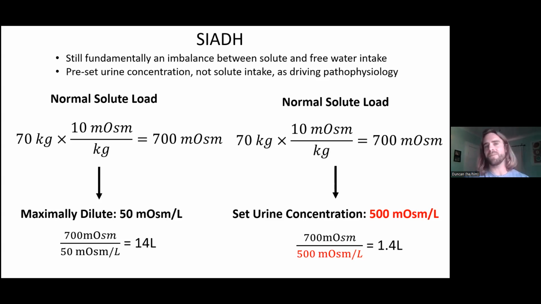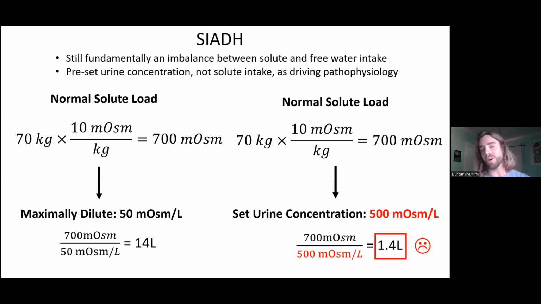But again, in the same situation, someone can have a totally normal solute intake, but because of that set high urine osmolality, all of a sudden we're in that same boat where it can be really easy for a patient to over-intake free water. This is why fluid restriction is still the cornerstone of therapy.